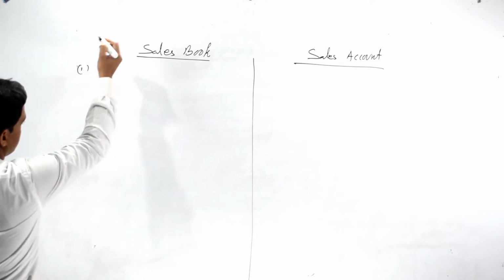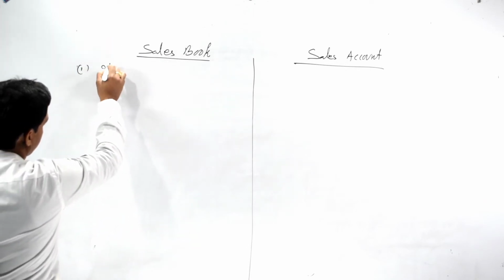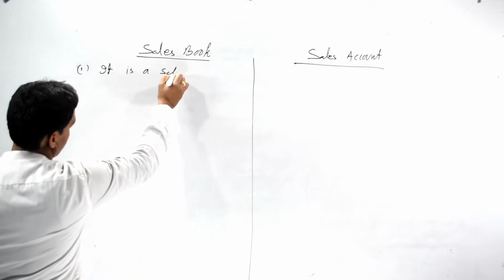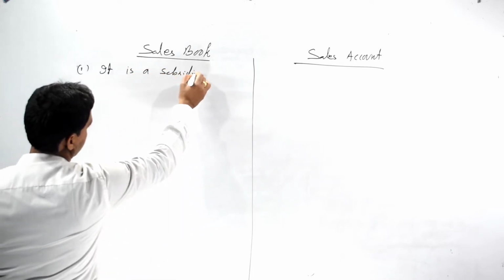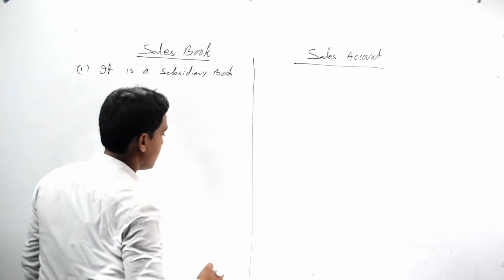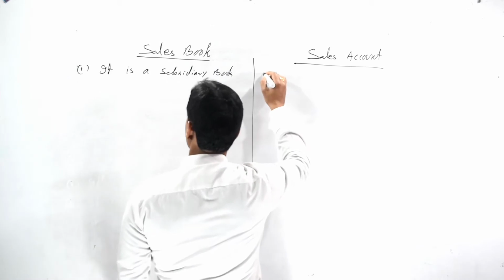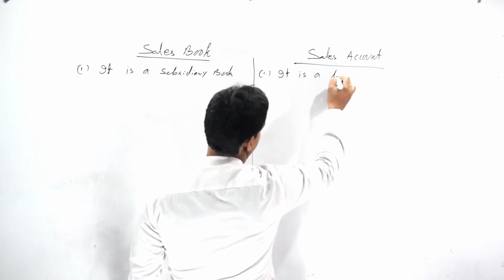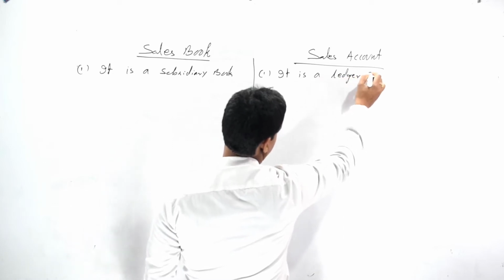Such differences are: sales book is a subsidiary book, whereas sales account is a ledger account.